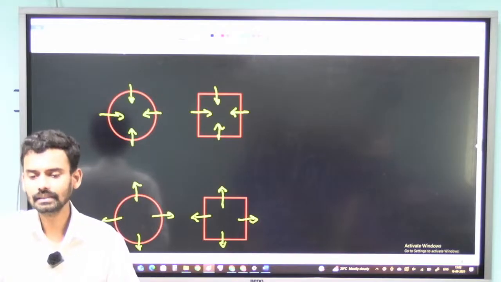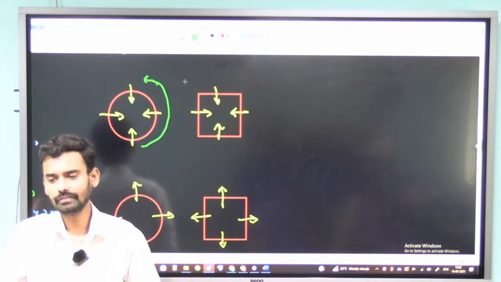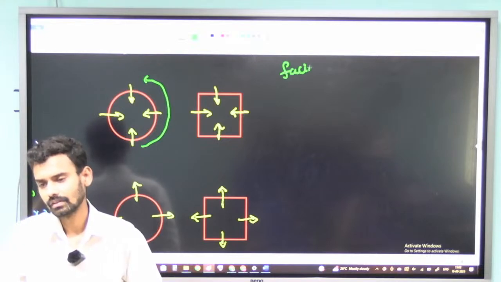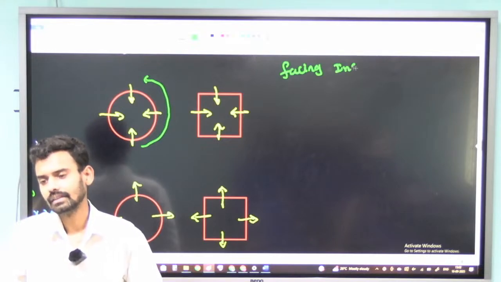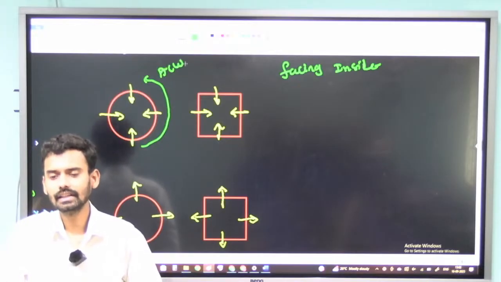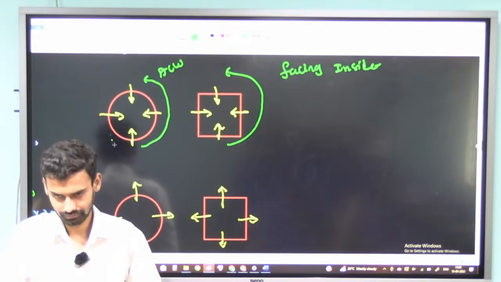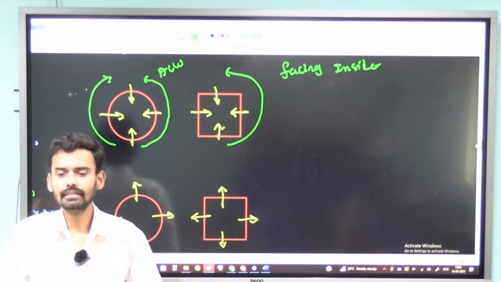So here what happens, when all are facing inside and you go in the anti-clockwise direction, you will get the right of every person, and if you go in the clockwise direction, then we will be getting the left.